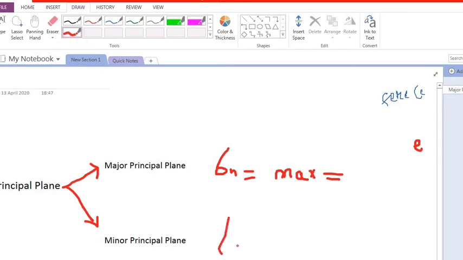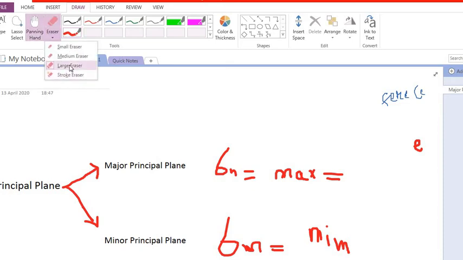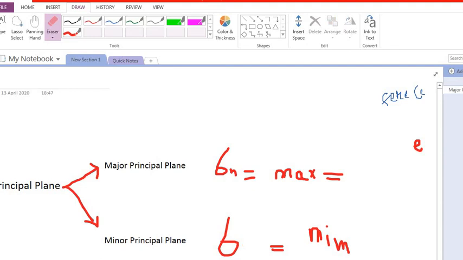When this normal stress, sigma n, the same thing given above, is minimum, then I will say that plane is the minor principal plane.